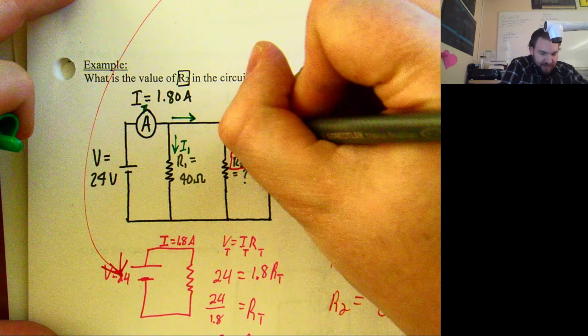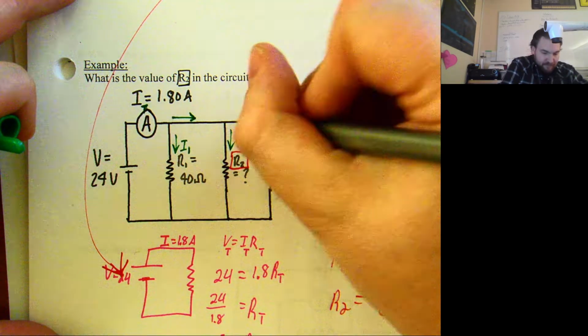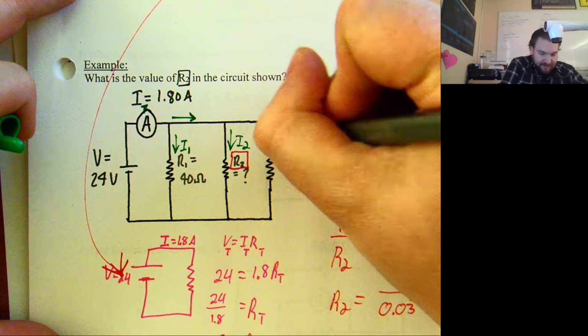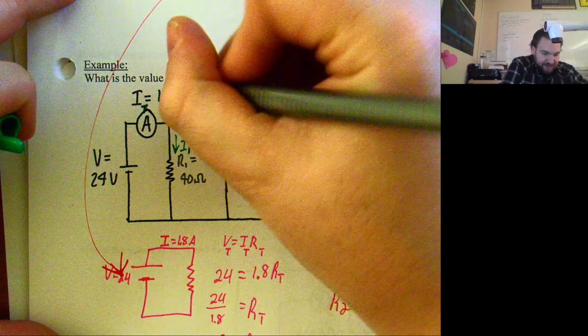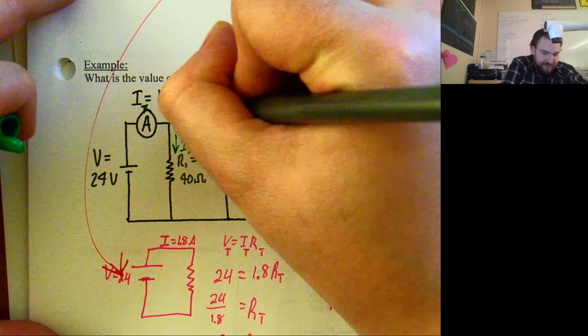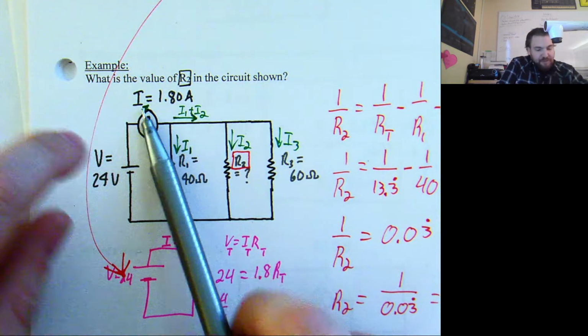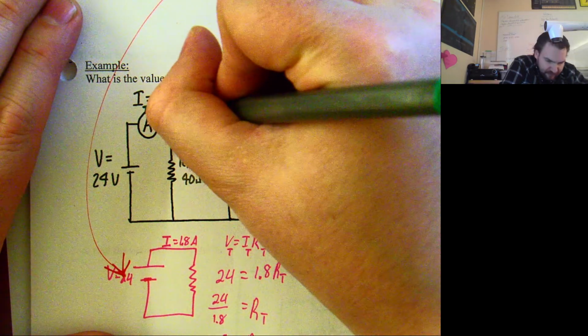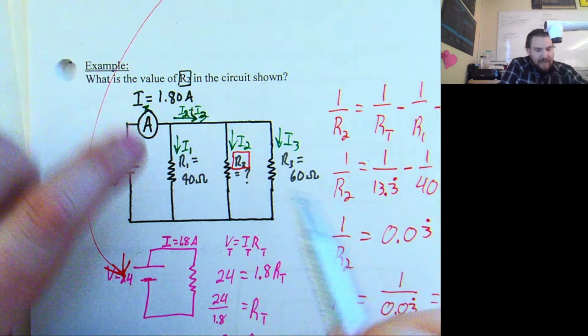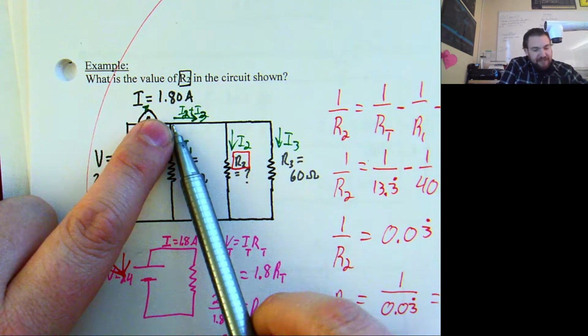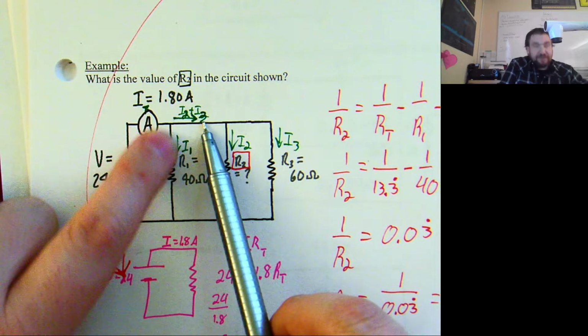What's going down this branch here? Oh, I2 and I3. Just so we understand what's happening here, I total here splits into whatever's going to go down branch 1 and whatever's going to go down branches 2 and 3.